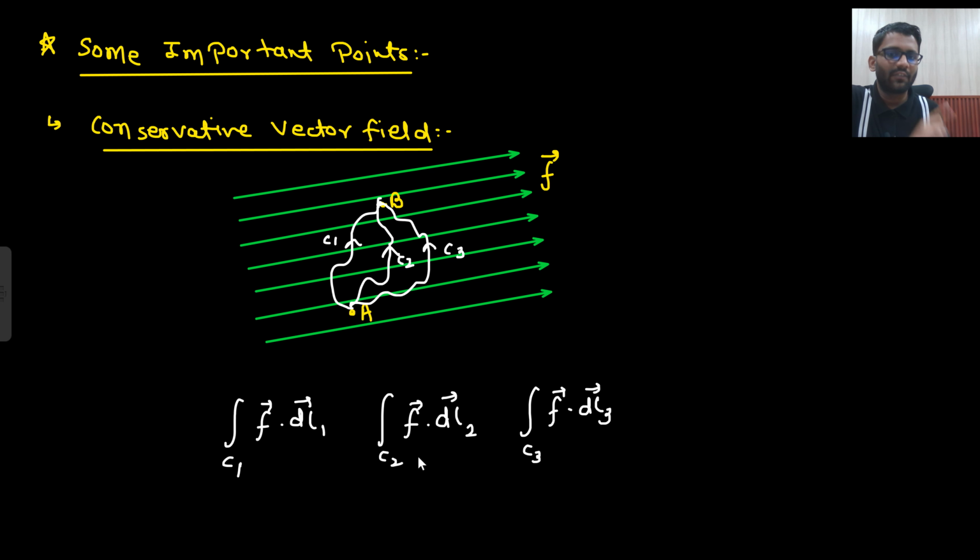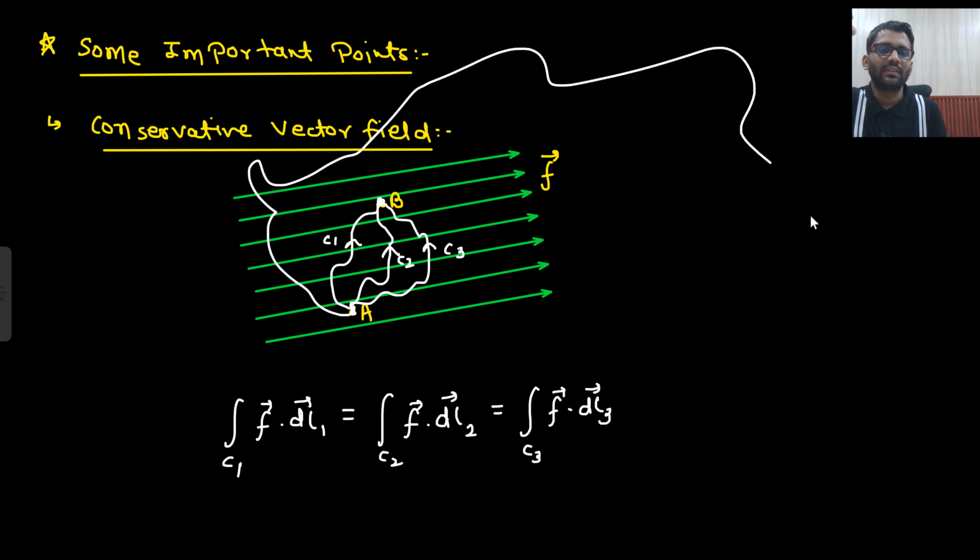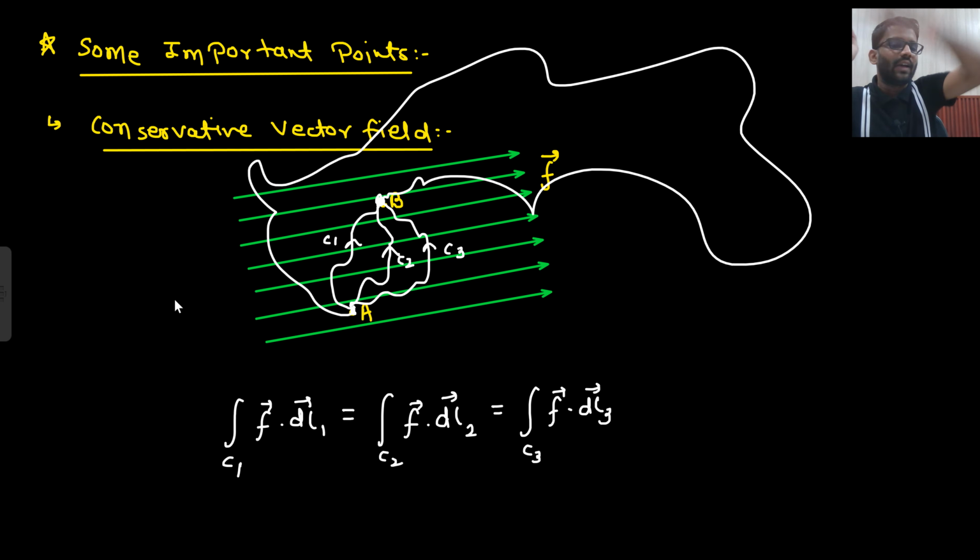Now if the vector field F is conservative, then all will be equal. No matter which path you walk, if you are going from point A to point B, all these will be equal. You can walk along the C1 path, the C2 path or any other path. You can go like this, like this, and then eventually you come to point B only. Wherever you walked, if you eventually arrive at point B, the line integration will also be equal.